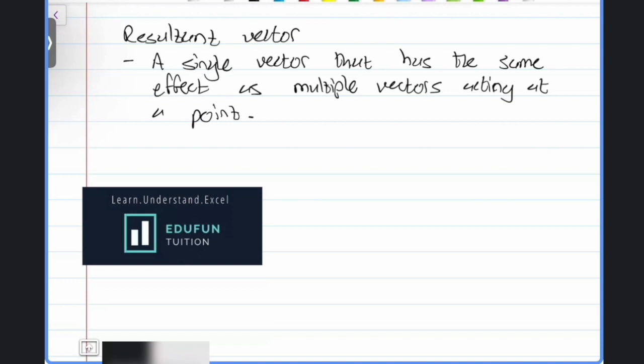Okay, but now what we're going to do is we're going to understand this in terms of calculation. So to understand in terms of calculation, we're going to start it off fairly simple and fairly basic. So this is what we're going to start off with. Example 1 for resultant vector. We have one here.